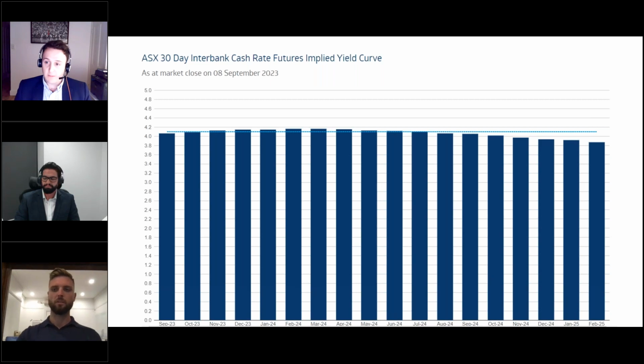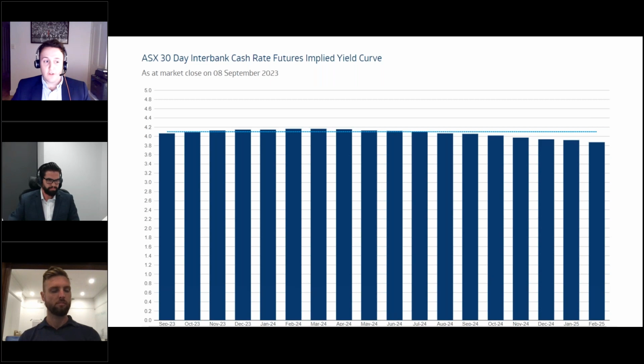A couple of months ago this was seeing about a 4.3, 4.35 peak, and even some of the economists are now saying this is around the peak of where we expect rates to be. And then, as you can see, the futures are pricing in some cuts in 2024, particularly in the second half of next year, as that data starts to flow through, people come off fixed loans, and that starts to filter through to what's going to happen to the economy with that slowdown.